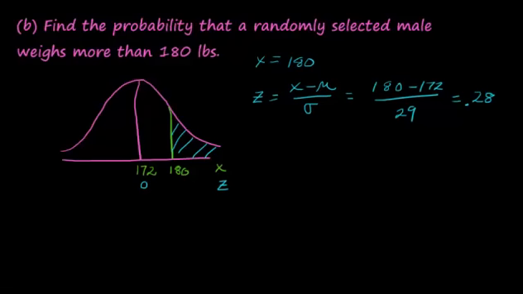So what do we want this time? This time we want the probability that the weight, some value x, is greater than 180. Okay, and here's my z-score at 0.28 for 180. Well, that's the same thing as the probability of finding the z that's greater than 0.28.